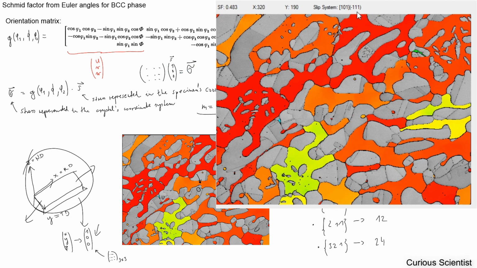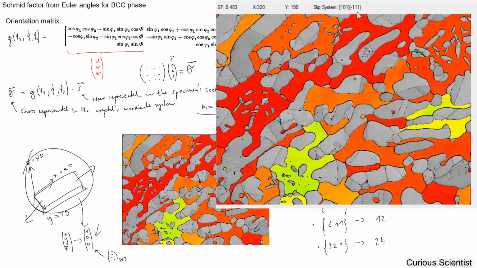So what we did here is that we learned how to convert the stress defined in the specimen's coordinate system into the crystal's coordinate system. And that is basically the stress vector which is needed to calculate the Schmid factor by using the components. And we used this orientation matrix, and we used these 3 Euler angles to create the rotation between the 2 coordinate systems.